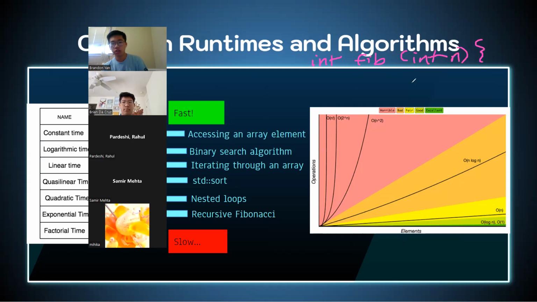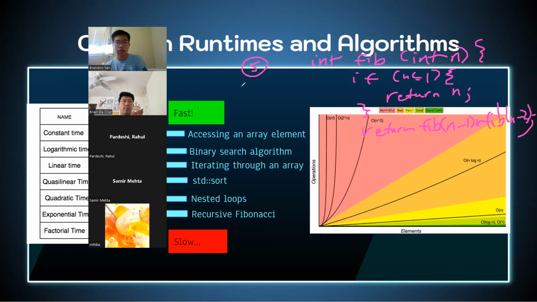Here, if n is less than or equal to 1, then I'm just going to return n. If you do a Fibonacci, it should look something like this, and then return fib n minus 1 plus fib n minus 2. So let's say I called Fibonacci on 5.